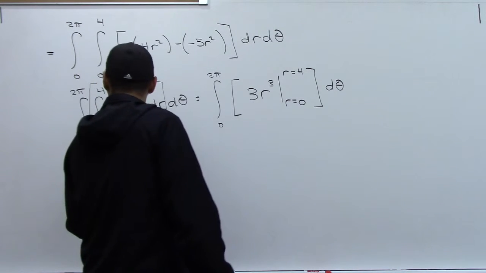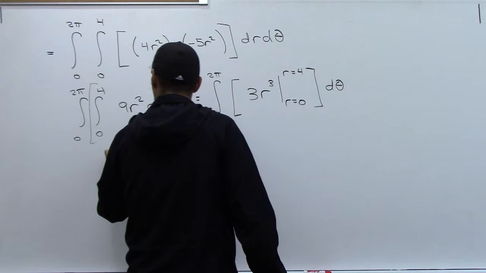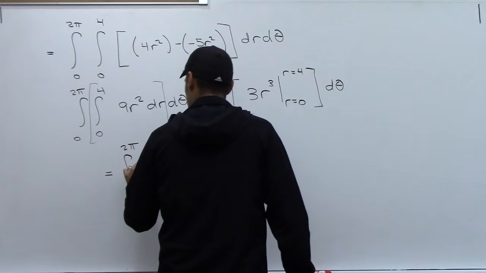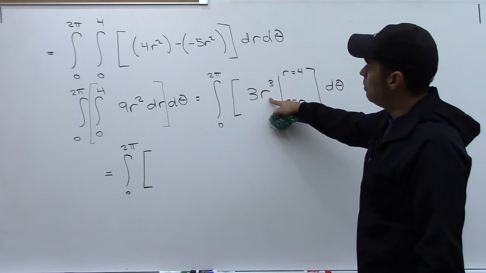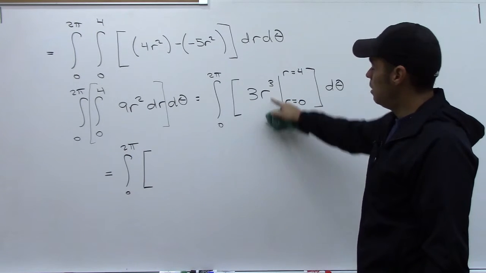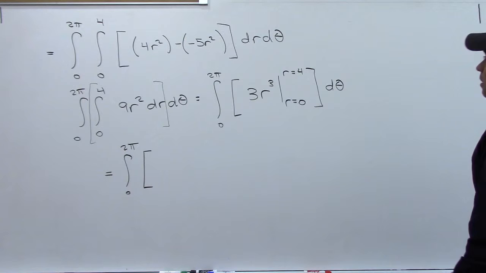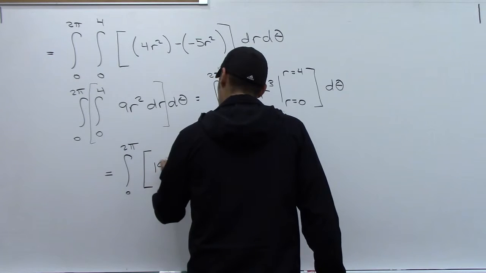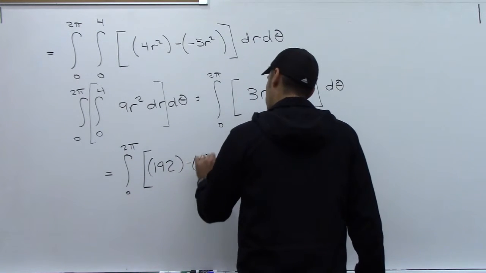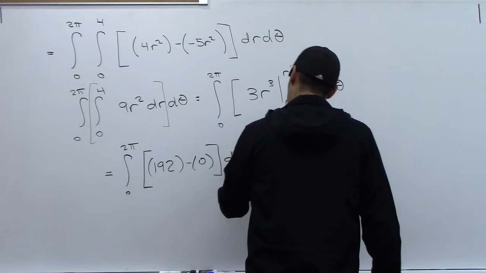So you're just going to get integral 0 to 2 pi. And then, let's see here, 4 times 4, 16 times 4 is 64. 64 times 3, 192. So you get 192 minus, of course, 0 d theta.